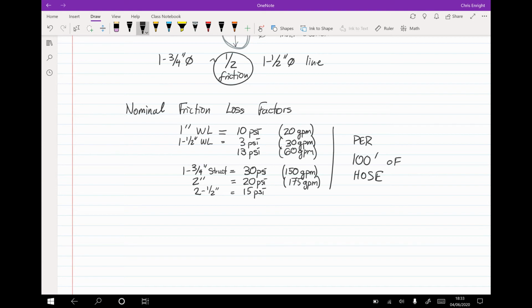Note that it's not linear. It's related to the diameter and the flow rate at the same time, so you can't quite just make a simple, easy approximation. So this is going to be at 250 GPM.